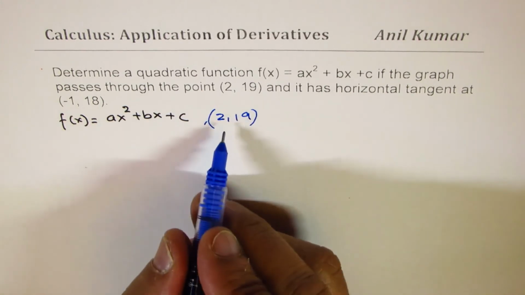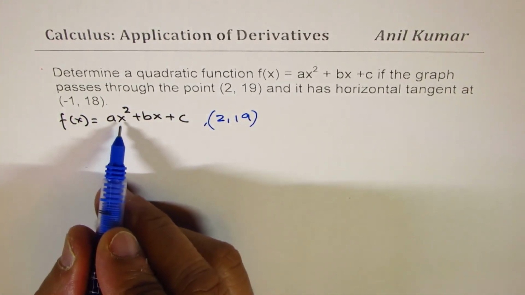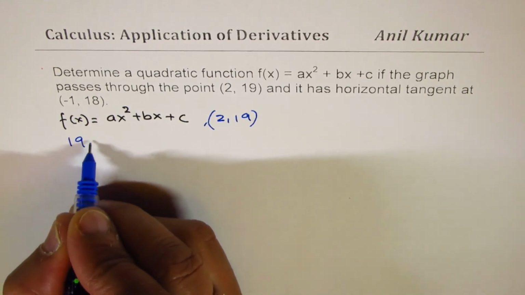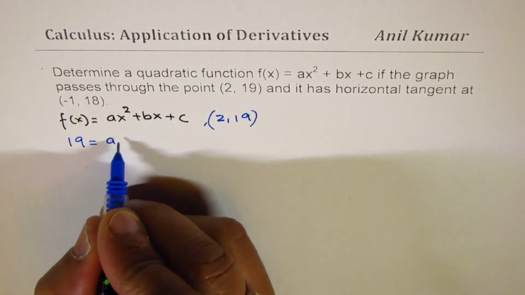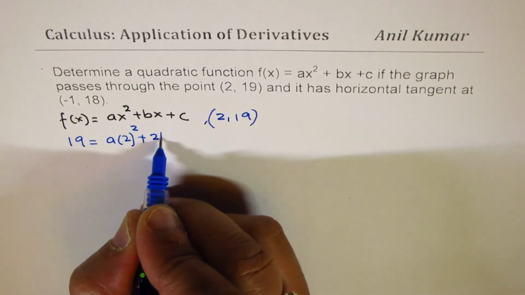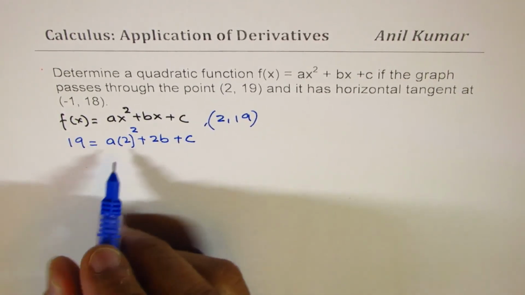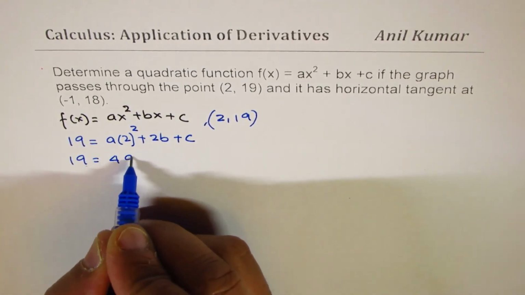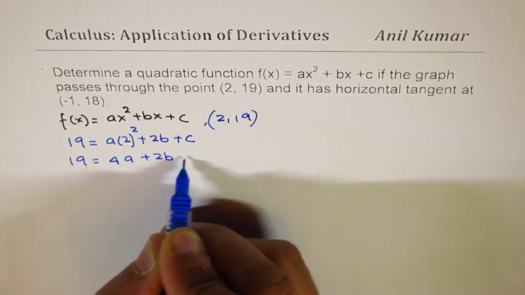So let us use the point 2, 19 first. That gives me f of x when x equals 2 is 19. So we get 19 equals a times 2 squared plus 2b plus c. So that is 19 equals 4a plus 2b plus c.